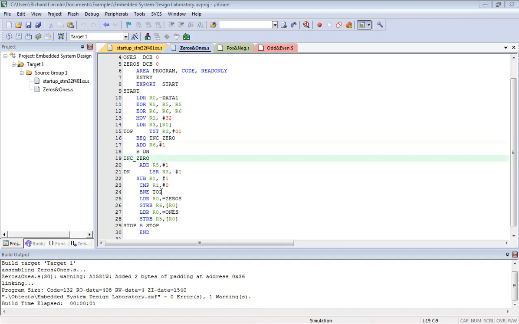The same thing happens here, and finally the address which is saved by zeros will be given to R0, and the contents of R6 will actually go to R0. So whatever you have stored in R6, you're storing the value of R6 at R0's address.